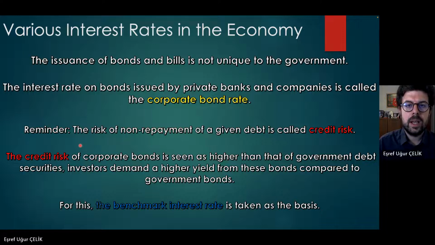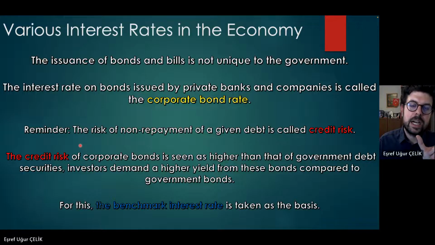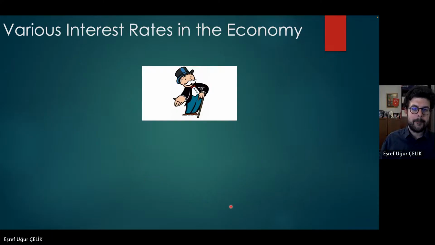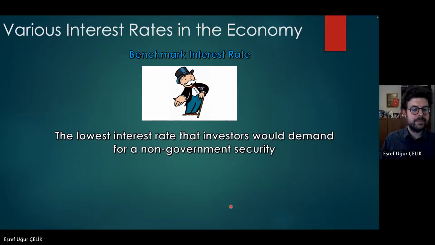So in private bonds, how can they determine the rate of interest? They look at the government bond rate. They try to give a higher interest rate than the government rate. That government interest rate is mostly called, as you can see over here, the benchmark interest rate. Let's look at the benchmark interest rate definition.